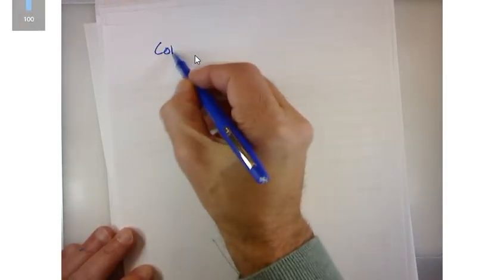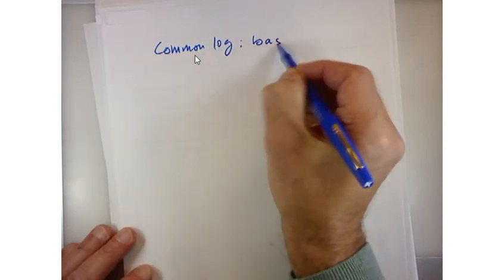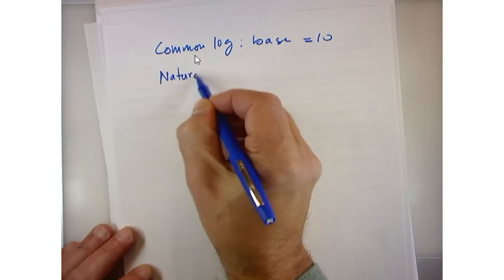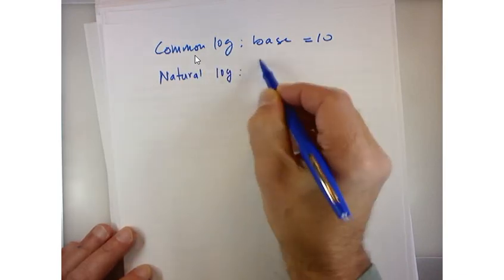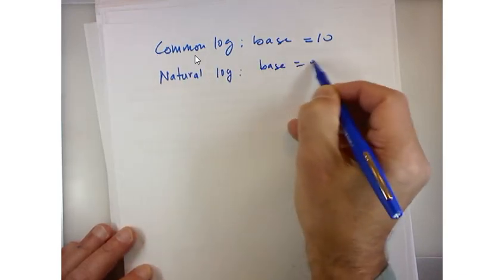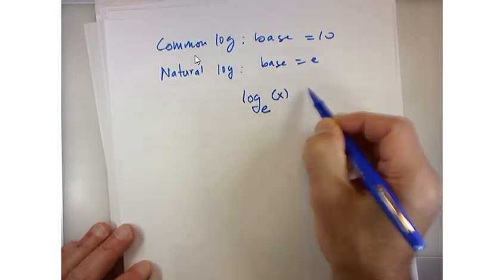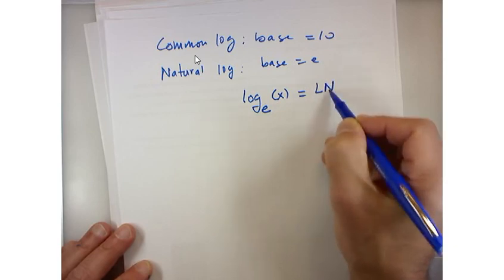Remember we talked about the common log. In the common log, the base is 10. There's the natural log, or Napierian log. The base is e. And for base e, instead of writing log base e of x, we write ln of x, for Napierian or natural log.